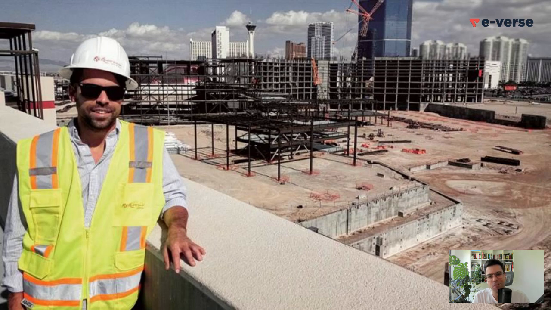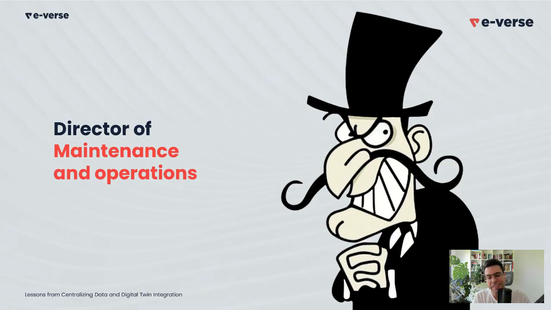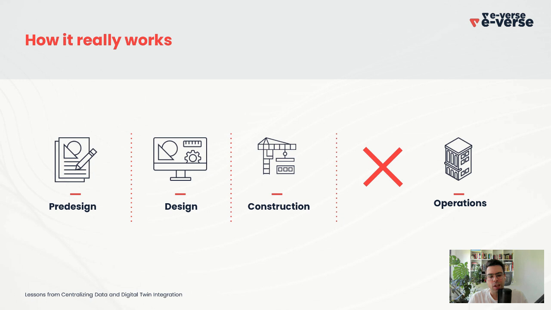What was coming was that the project hired a director of maintenance and operations, and at the time for me he looked so evil and mischievous. The problem was that we made a huge mistake. We were thinking we were going to take the pre-design, the design, the construction, everything to operations, but that never happened. When we wanted to hand over all this huge amount of information to the facility manager, he said, you know what, I don't need it, I don't want it.